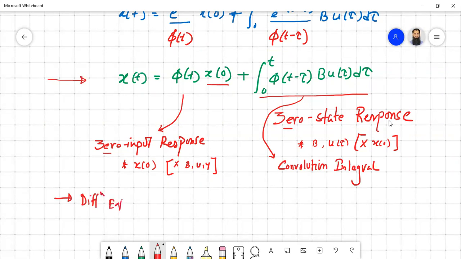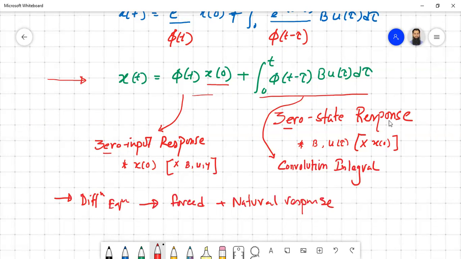In the solution of the differential equation, we find two terms: one is called the forced response and the other one is called the natural response. Those two are not present outwardly in the zero input or zero state response. So this is the first difference.